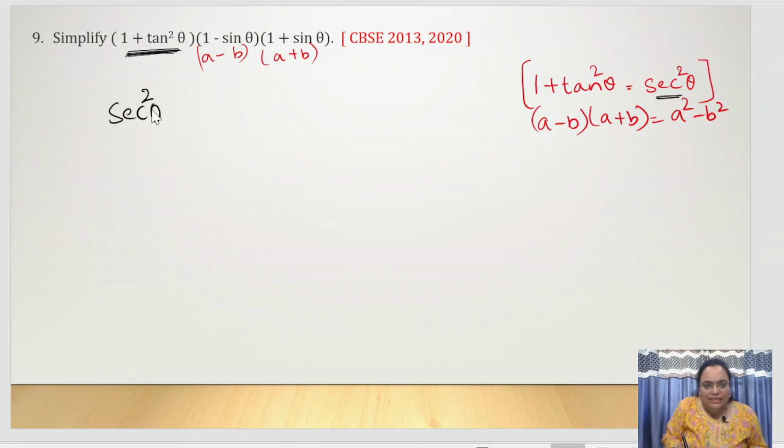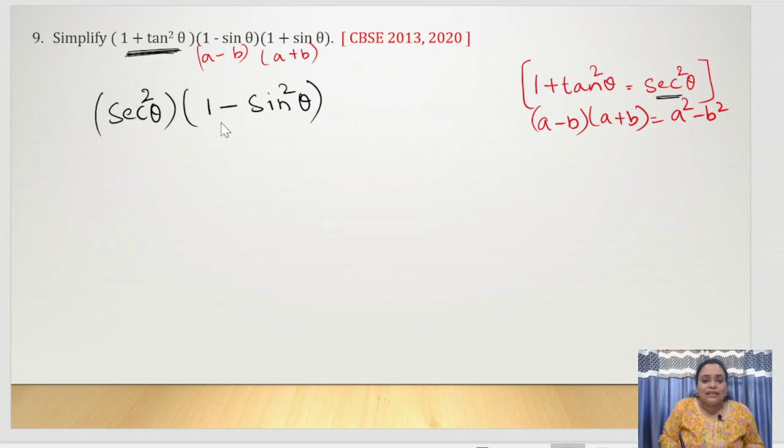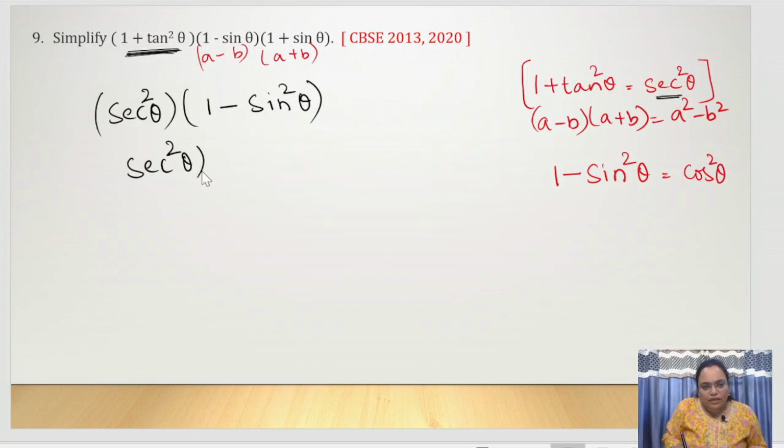Secant square theta into this, I am writing it as a square minus b square, which is 1 minus sine square theta. Now if you see this, again 1 minus sine square theta will be cos square theta. So secant square theta will be same into cos square theta.